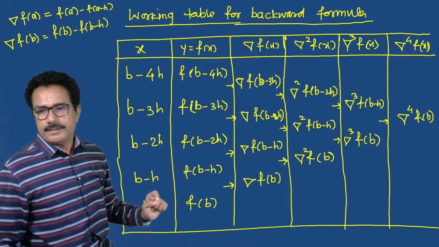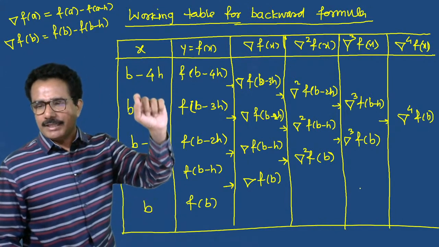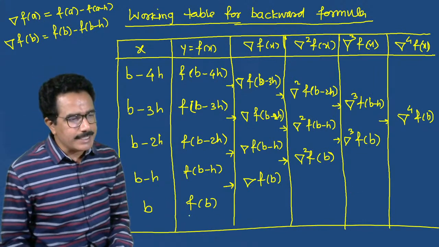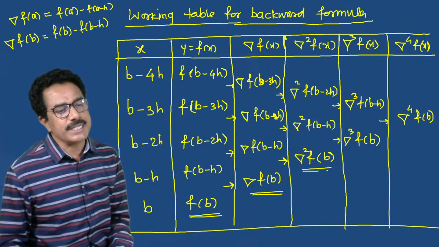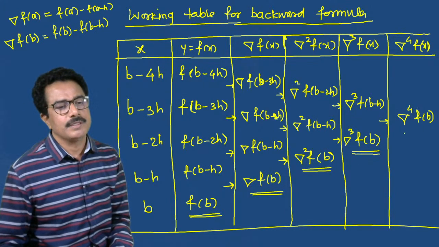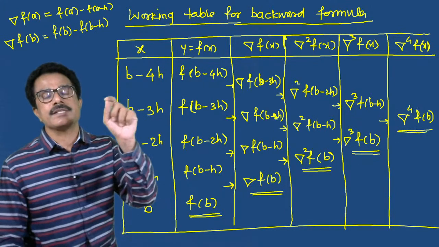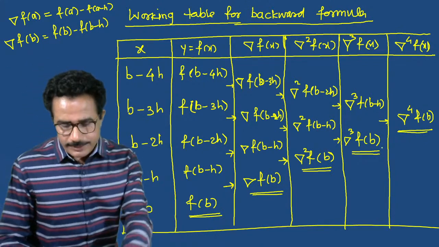Okay, means in the backward difference table we will get the differences of last entries, higher differences of last entry. So we can write note first.